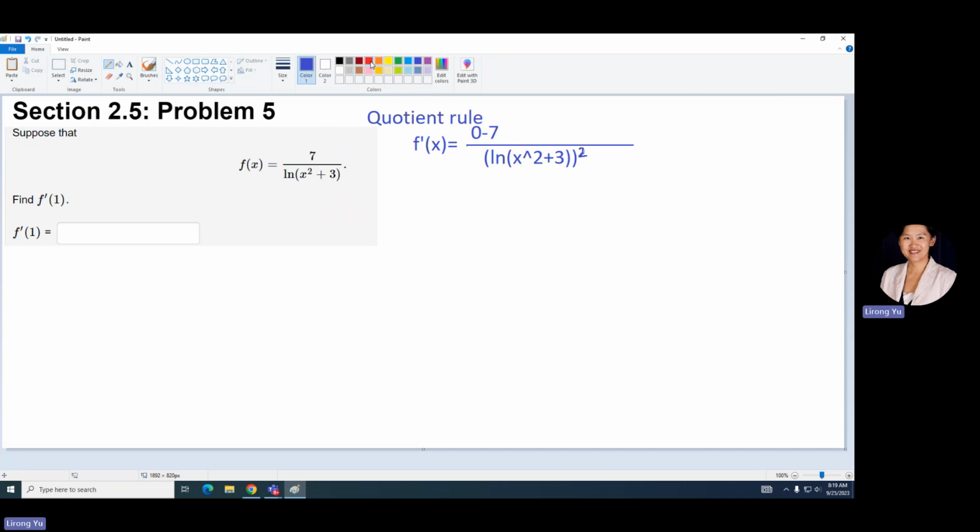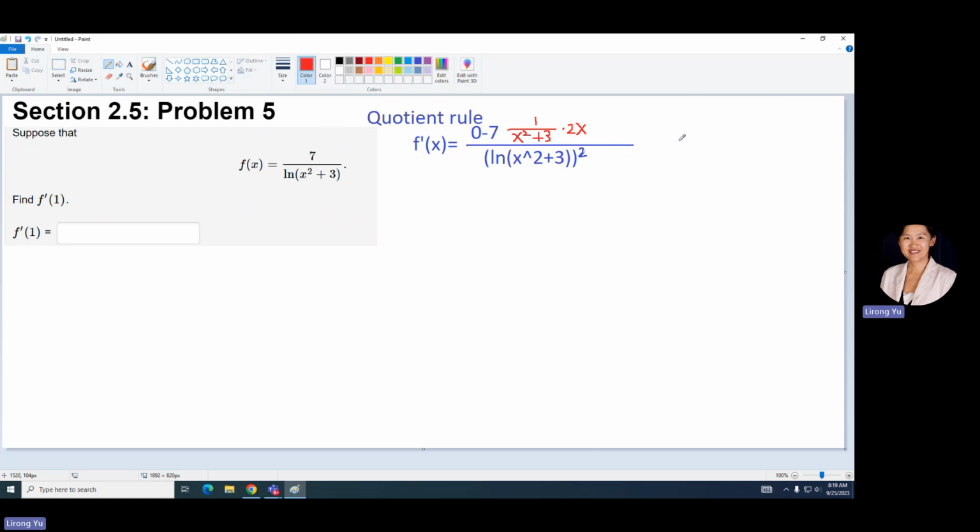The derivative of the denominator is 1 over the entire logarithm variable, multiplied by the derivative of the inside, which is 2x. That is the chain rule. So this is what we have.